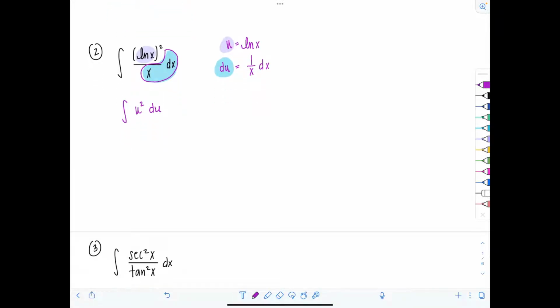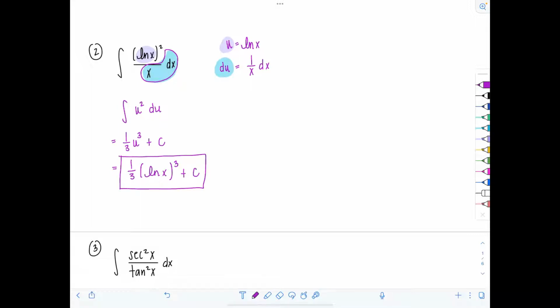So antiderivative, add 1 to the exponent, divide by the new exponent. It's going to be 1/3 u cubed plus c. And then go back, replace u with the original variable. So u equals natural log of x. So we've got 1/3 natural log of x cubed plus c.